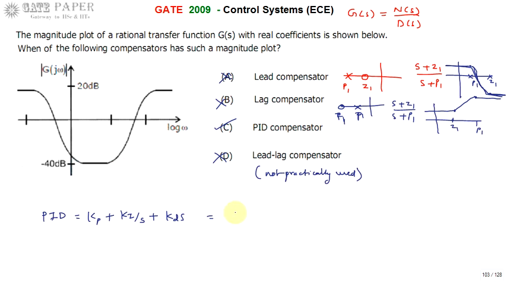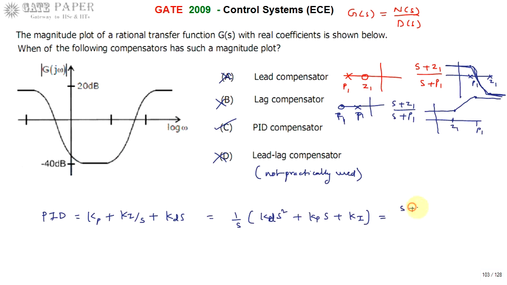If you take 1 by s common, it looks like (Kd s² + Kp s + Ki) / s. The numerator is a second-order equation, which has two roots, and the roots of the numerator are the two zeros.